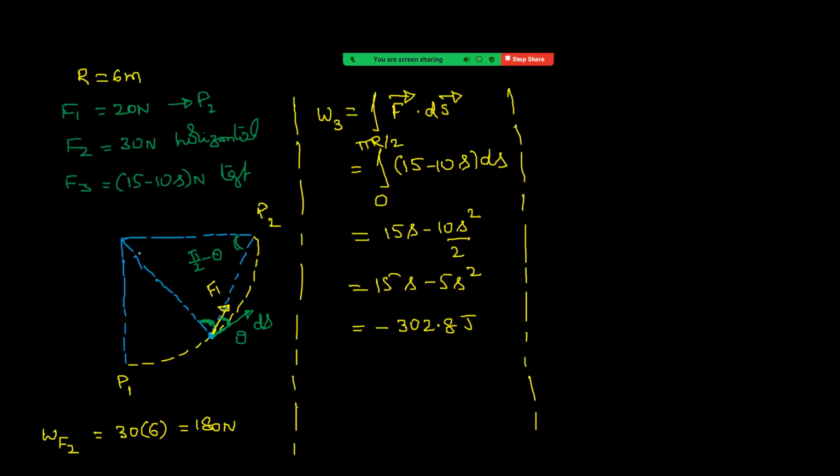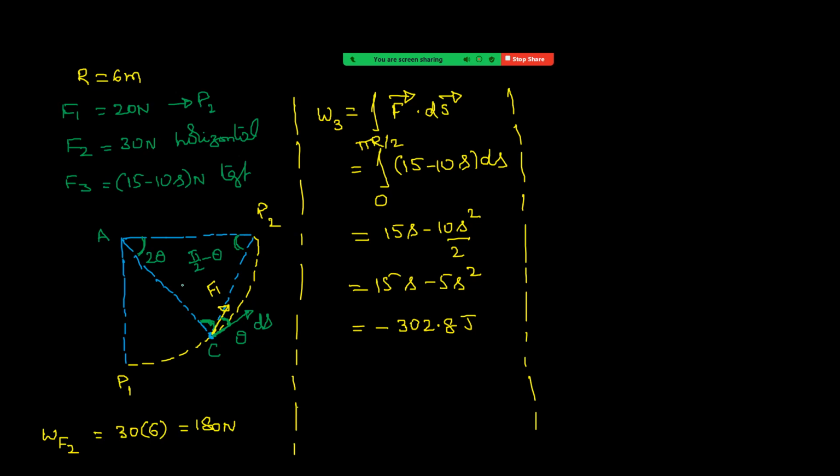Suppose this is AP2, that is R, and this is C, AC. AC is R and AP2 is R. Since these two sides are equal, these two angles must be the same. That's why this is pi by 2 minus theta, and this also pi by 2 minus theta. That means this angle is 2 theta.